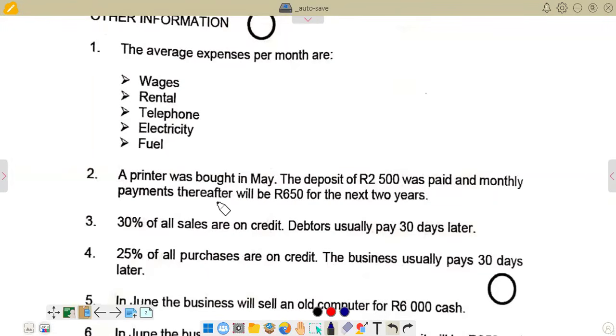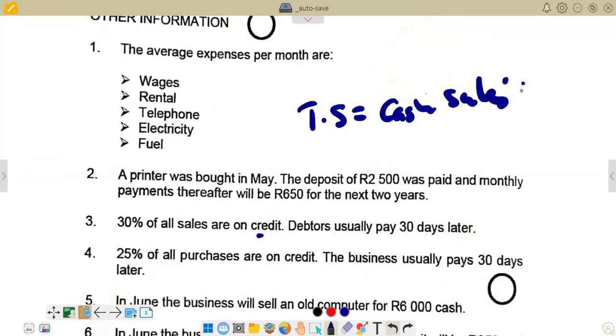Remember, we were told that 30% of the sales are on credit, so it means the remainder are on cash basis. Remember, to get our total sales, we say cash sales plus credit sales.